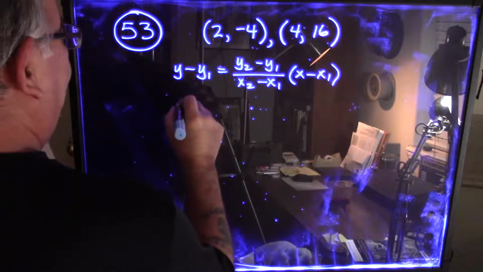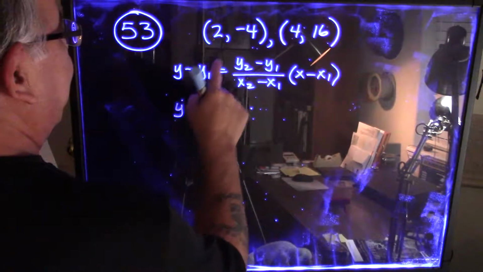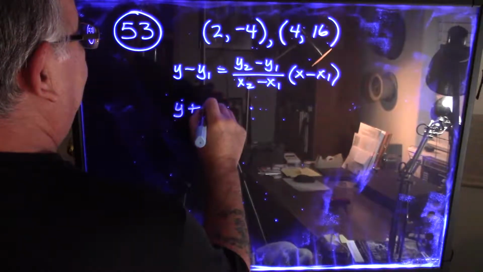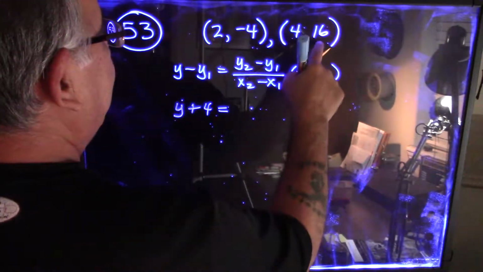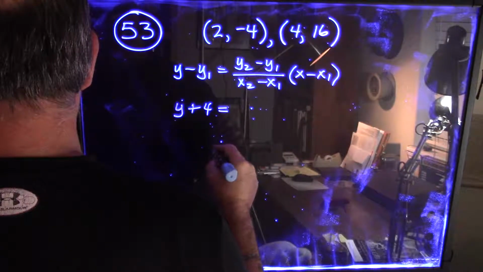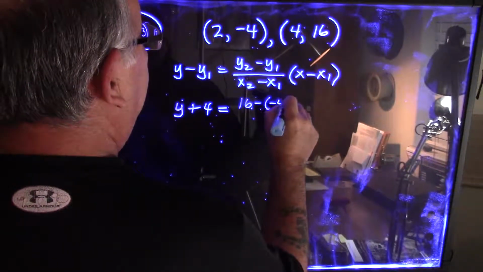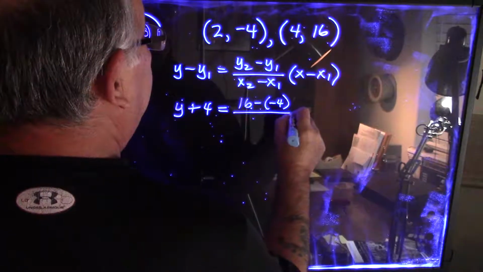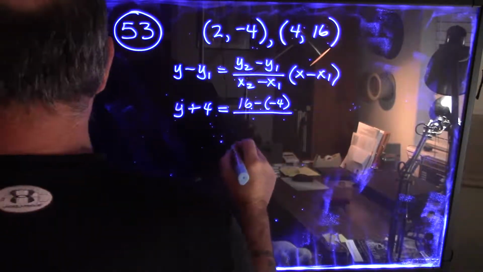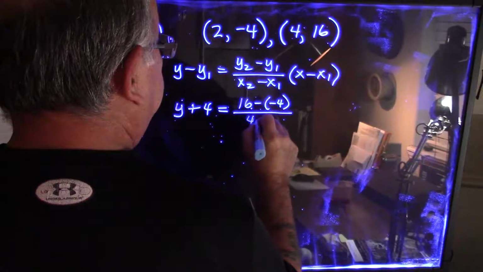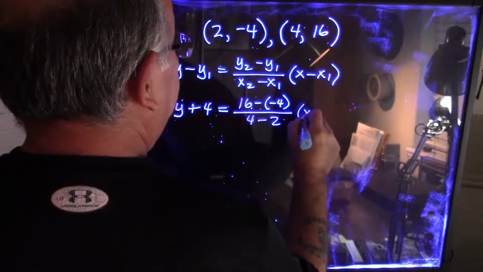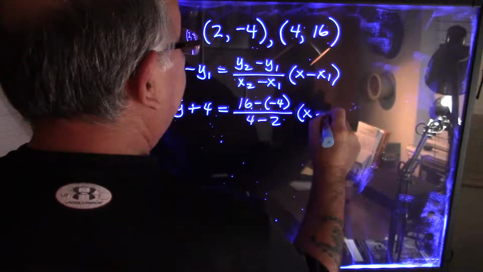And so we've got y minus a negative 4, which is y plus 4, equals 16 minus a negative 4 over 4 minus 2 times x minus 2.